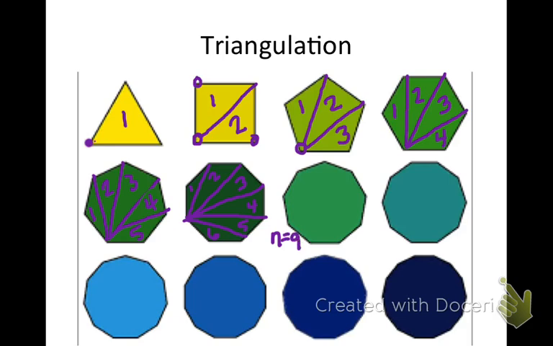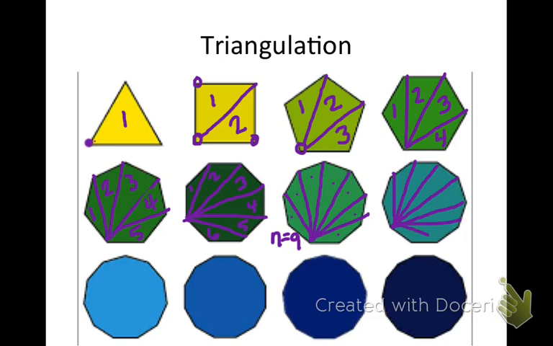There are 9 vertices. So if I triangulate the nonagon, I'm making 1, 2, 3, 4, 5, 6, 7 triangles inside there. Then you have the decagon, so we're running out of names here too. Pretty soon we're just going to start calling these n-gons.